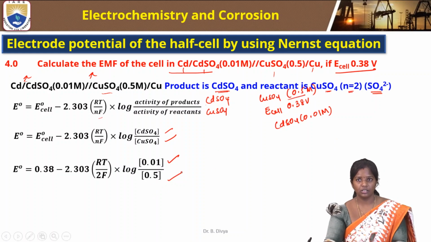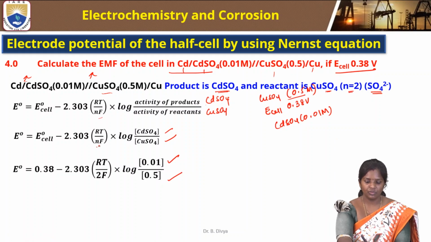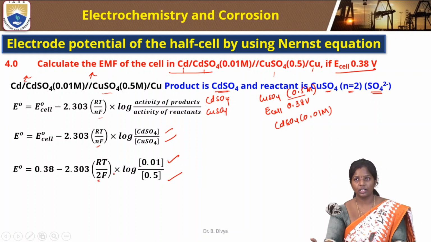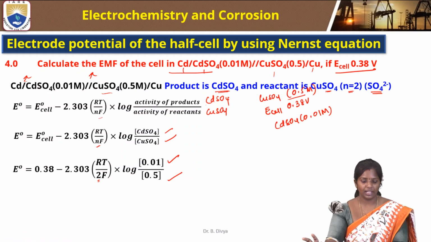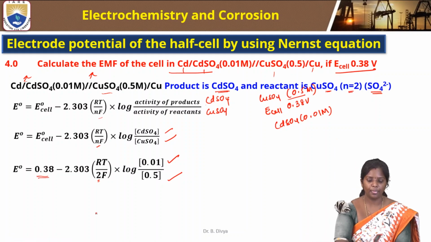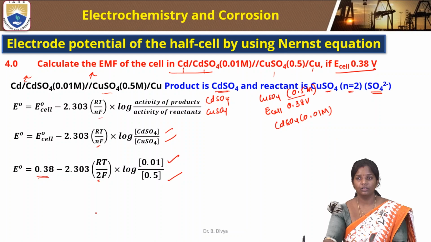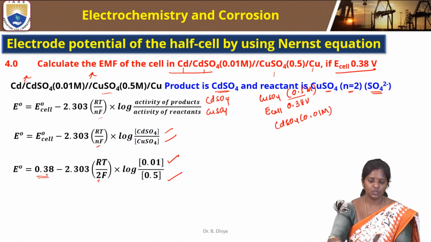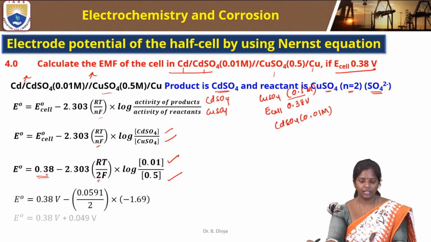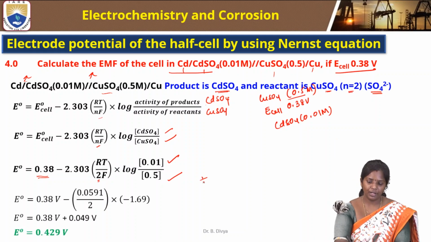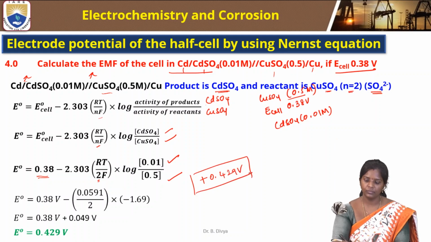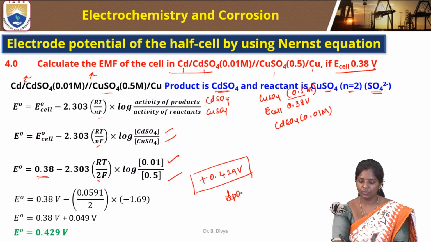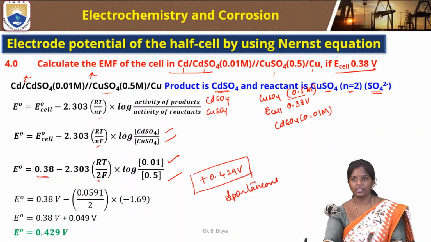The same concentrations are substituted, and n is 2 because 2 electrons are involved in this reaction, and the standard E cell value given in the question is plus 0.38 volt. That is substituted here. Upon calculation, we get a value of plus 0.429 volts. So this cell is also spontaneous, and the reaction is also feasible.